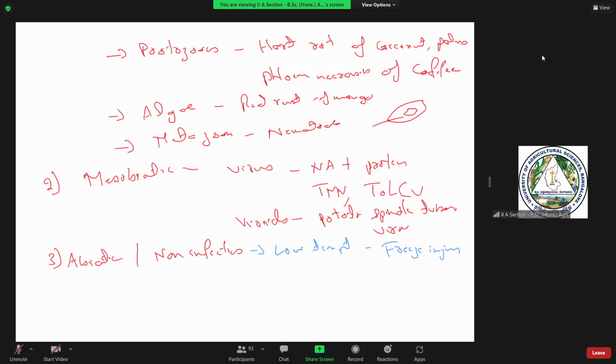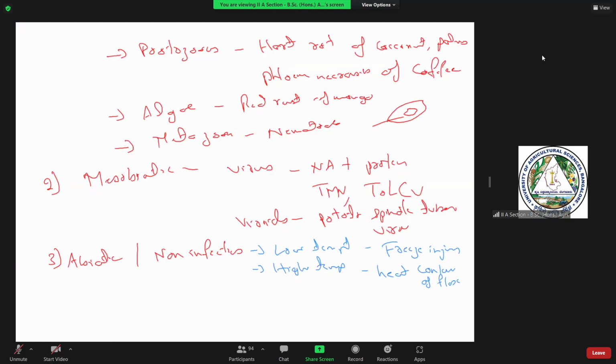Normally, these freeze injuries are very common. And again, high temperature is also responsible as an abiotic cause. An example for this would be heat canker of flax.